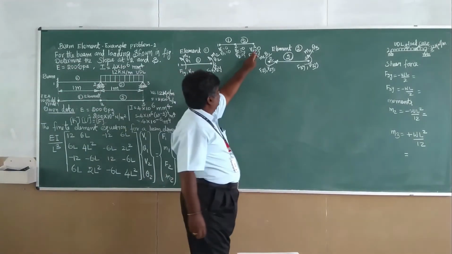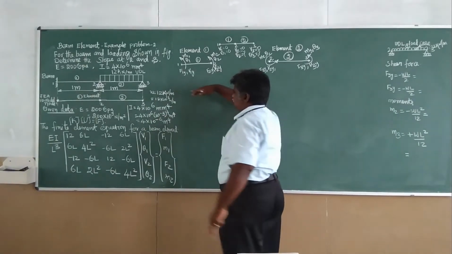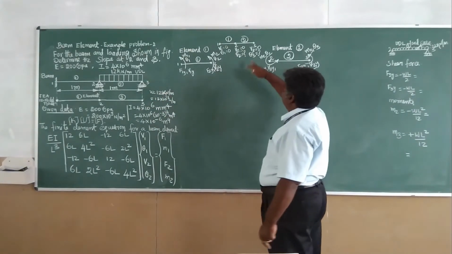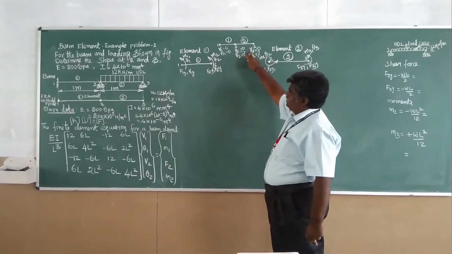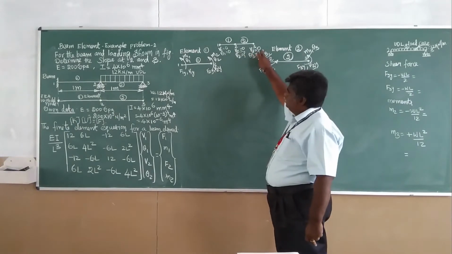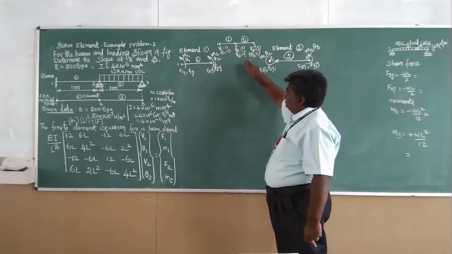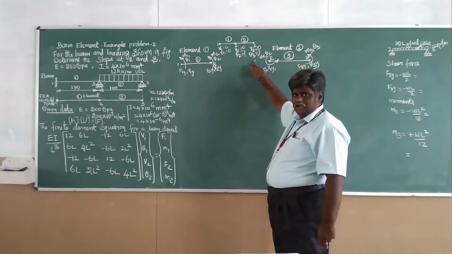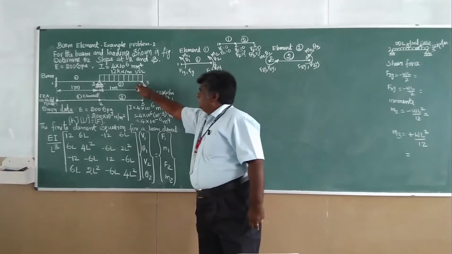Similarly, nodal point 3 is a roller support, deflection is 0 in the y direction, and the slope we have to calculate at nodal point 3.